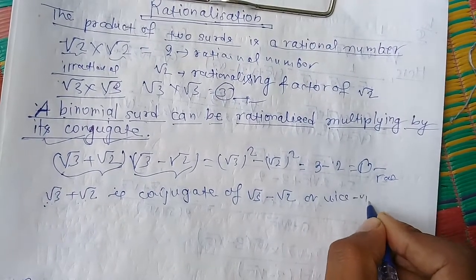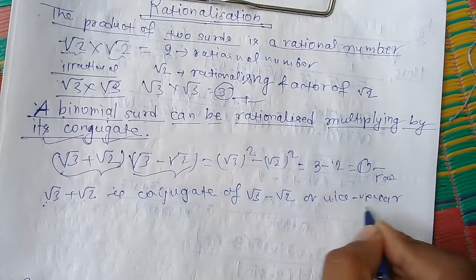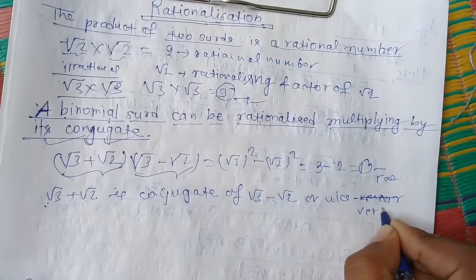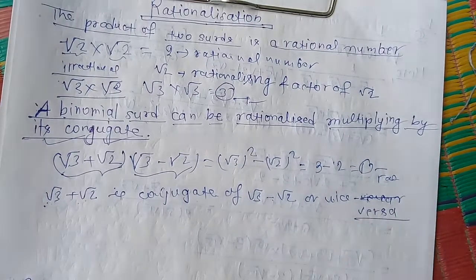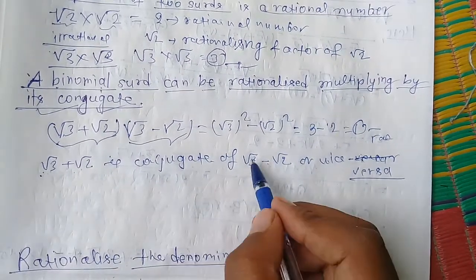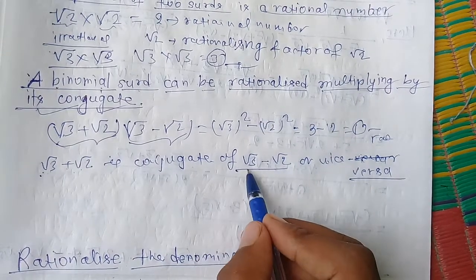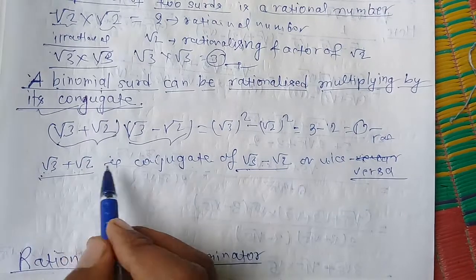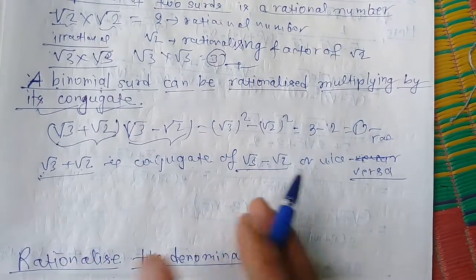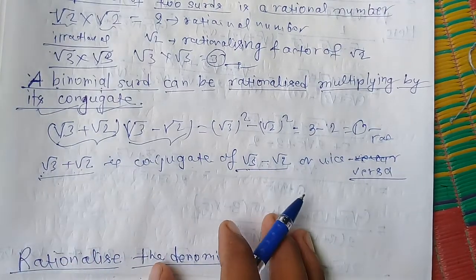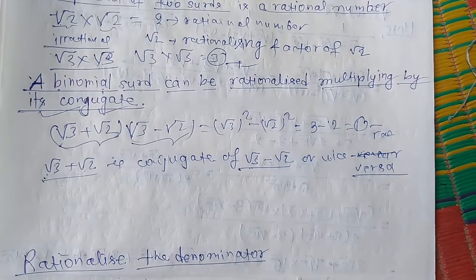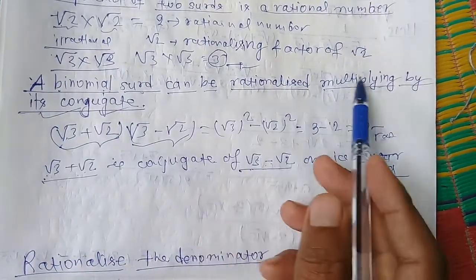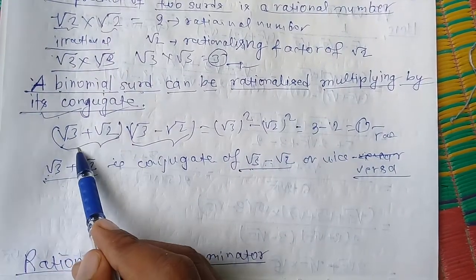And root 3 minus root 2 is also the conjugate of this. So these are the conjugates of each other. So we can say that a binomial surd can be rationalized by multiplying by its conjugate.